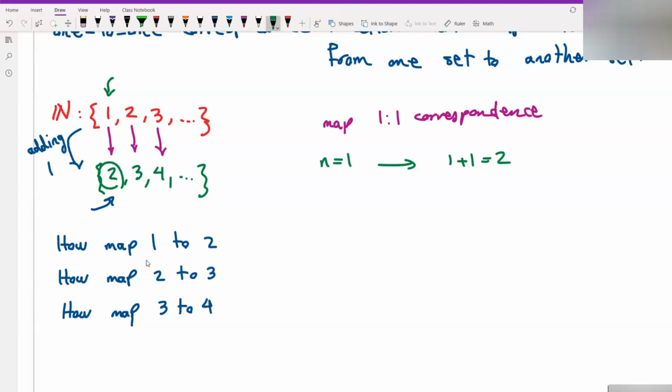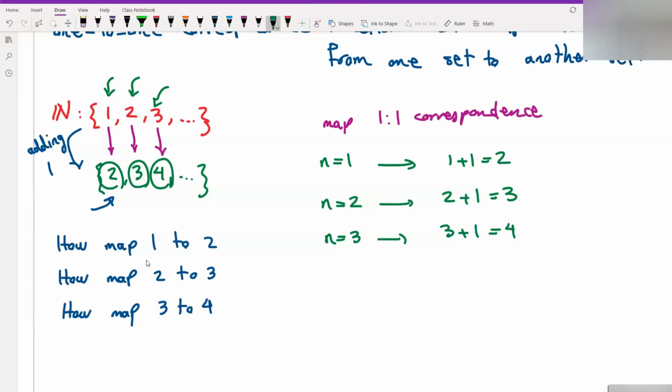Our n in the first place was 1. Now our n is 2, so it's 2 plus 1, and we get 3. Next, n is 3. Again, add 1, so this is 4, which is this number.